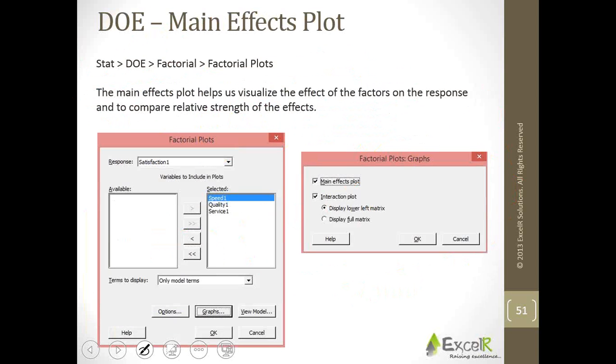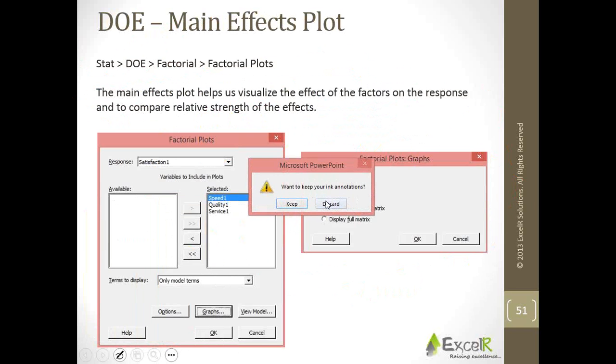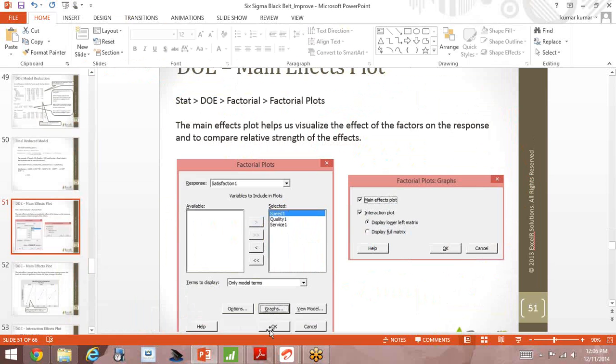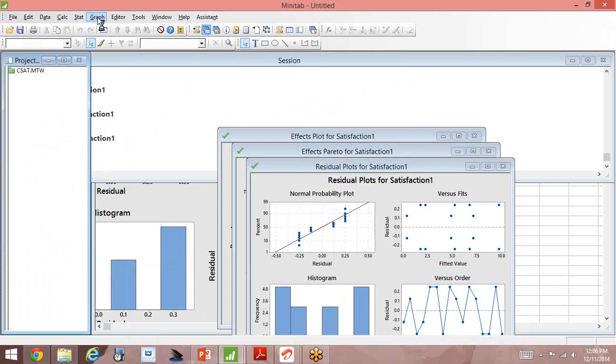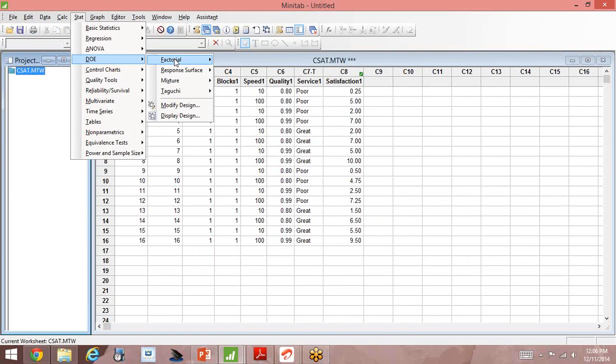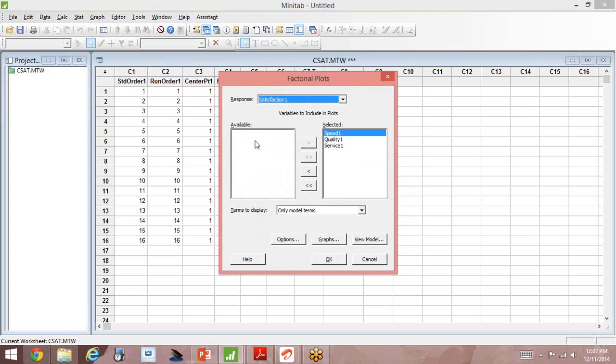Let us look into a few graphs as well, because we can also visually analyze design of experiments. So let me go back. Let me go to Stat, DOE, factorial plots.